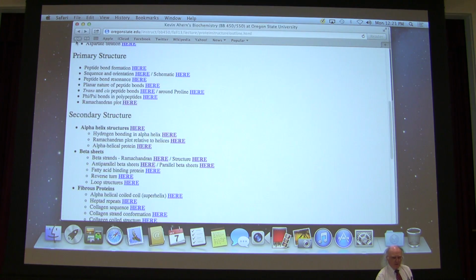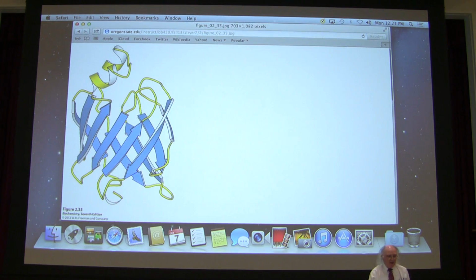Okay. The overall structure doesn't matter if they're parallel or antiparallel. Here is an enzyme that has beta sheets arranged rather nicely into what we call a barrel. You can see that in this barrel, the blue parts are the strands that are all oriented with respect to each other.